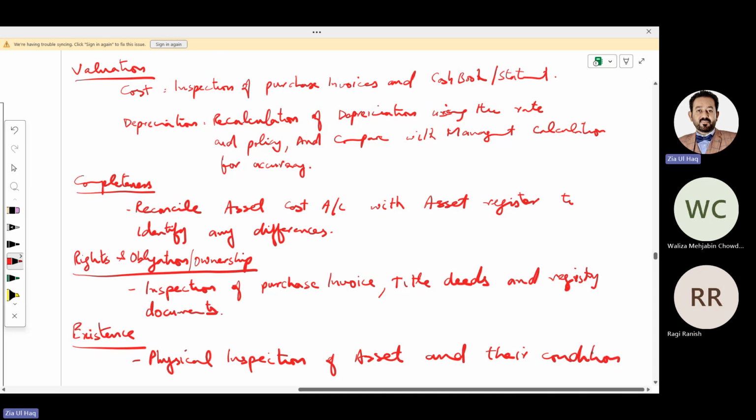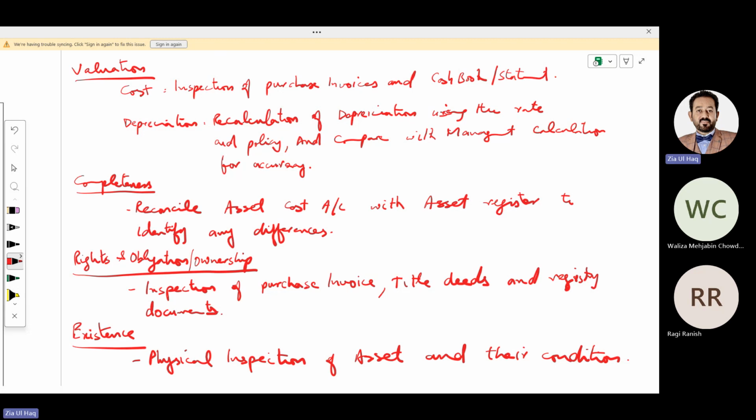Not only do we need to check whether the asset exists or not, we need to verify whether its condition matches its value. Maybe the company has written 500,000 for machinery in the balance sheet, and there is machinery worth only 50,000 as scrap.